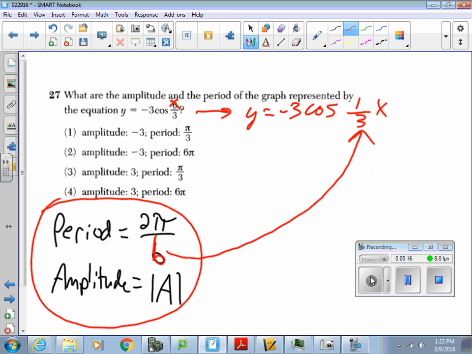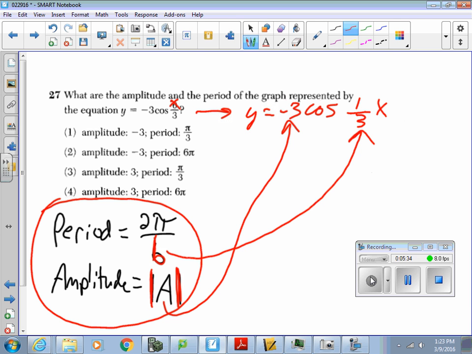And amplitude, these two lines going up and down stand for absolute value. So it's the absolute value of A, which is this value right here, which is in front of the function being multiplied by it.